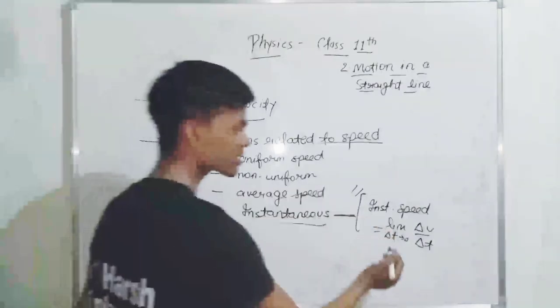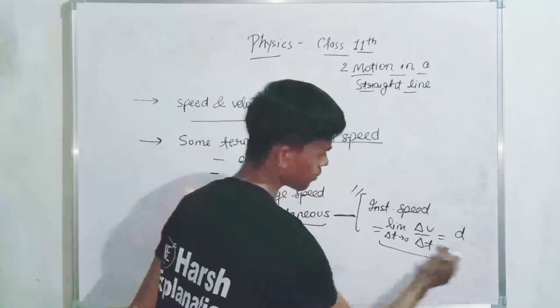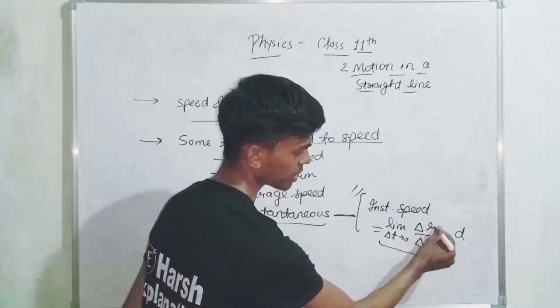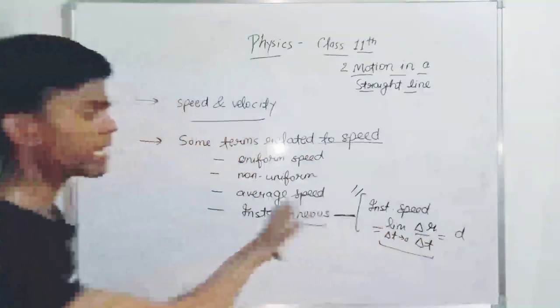This expression is also equal to the differentiation of distance, because it is speed: here I can write delta r upon dt.